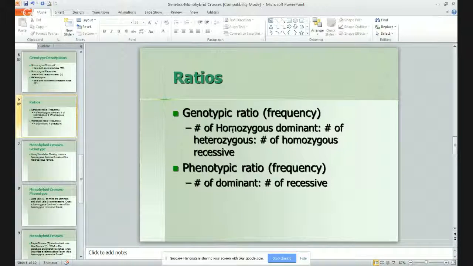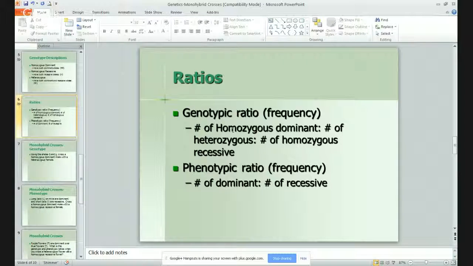Again, you will probably have to reference this. You're probably going to have to go back to those 2 slides a lot when we're doing the genetics problems, just because we use those 5 vocabulary terms a lot. So tomorrow, after your quiz, we will practice going through some of the crosses.